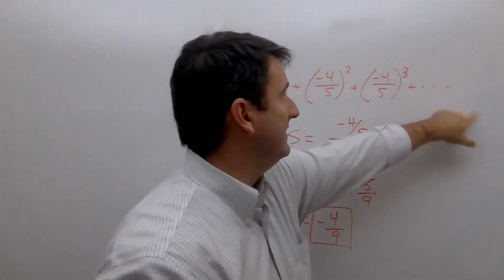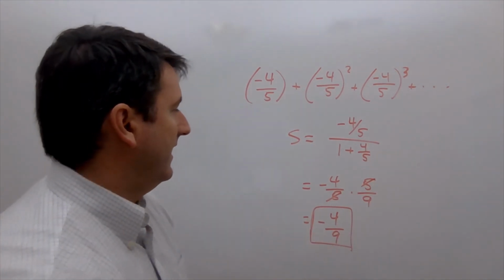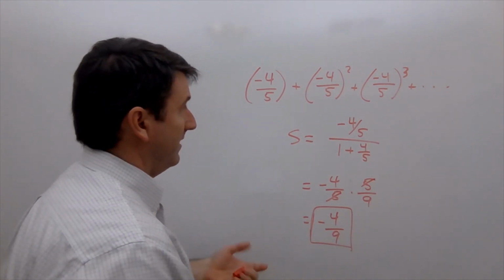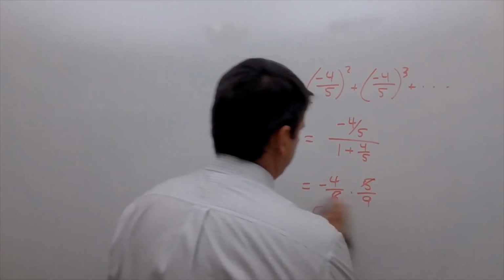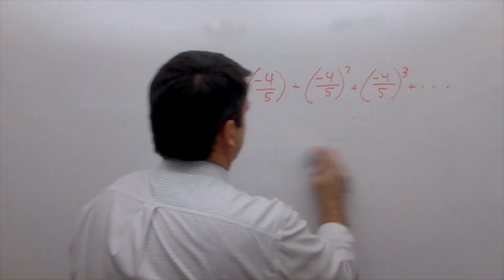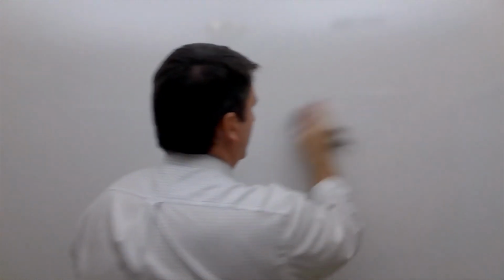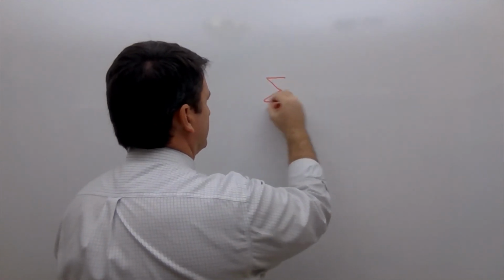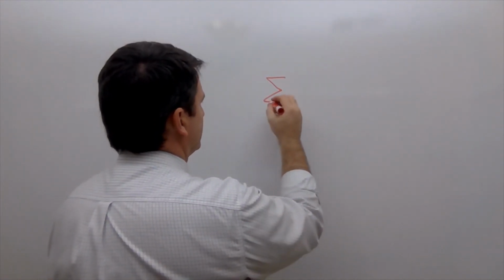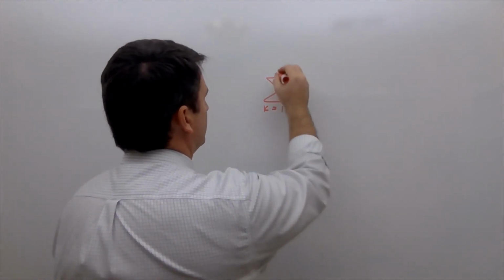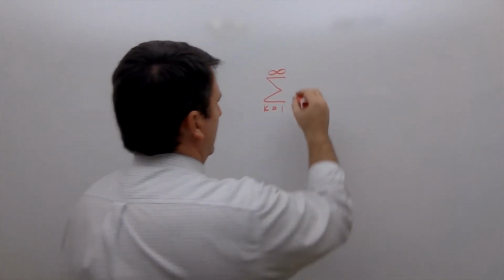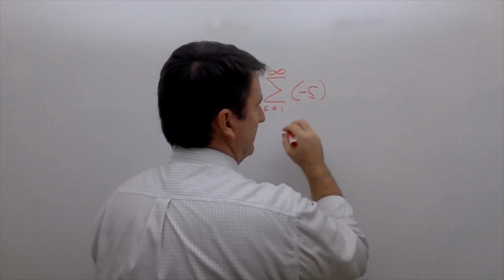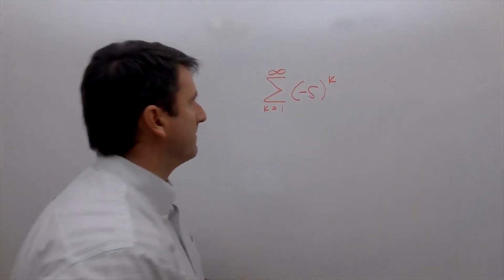So if we added up all these terms to infinity, we're going to end up with a sum of negative 4/9. All right. The second example uses sigma notation. We want the sum from k equals 1 to infinity of negative 5 to the kth power.